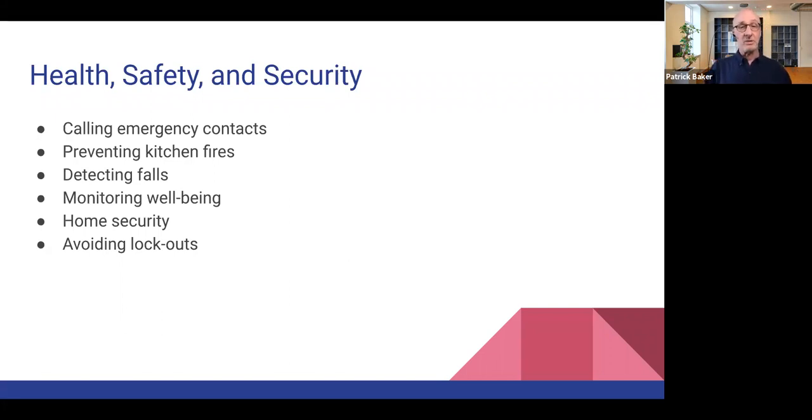Those types of things can be set up so that they have a threshold, usually in terms of time, where it only allows the stove to be on for so much time before there has to be some sort of intervention on the user's part so that they don't start a fire in their own kitchen.